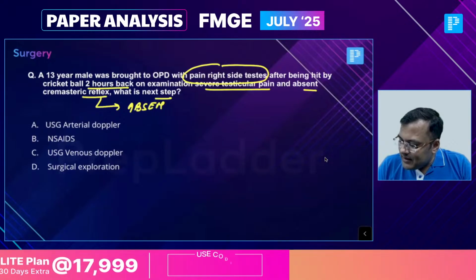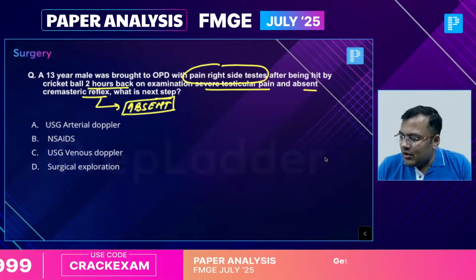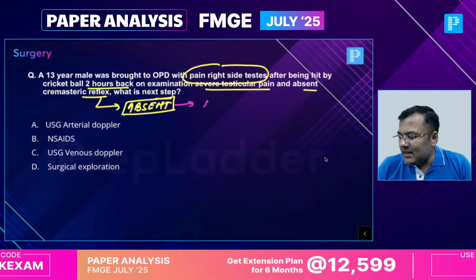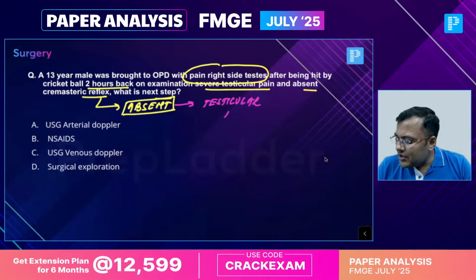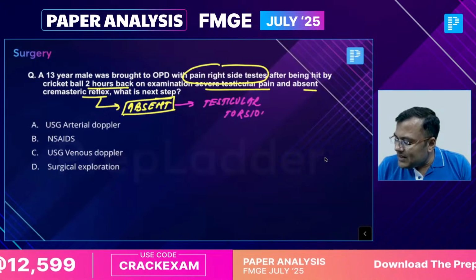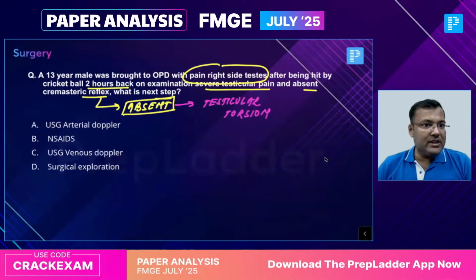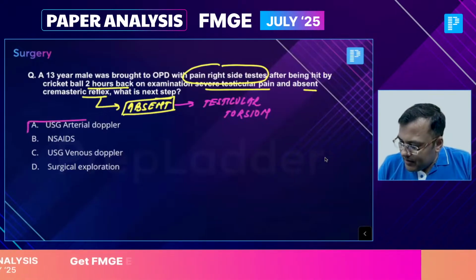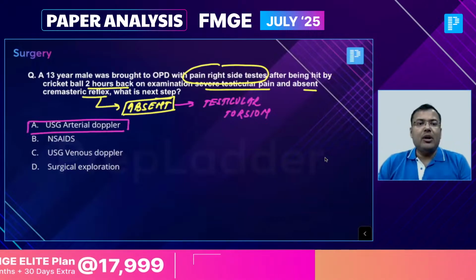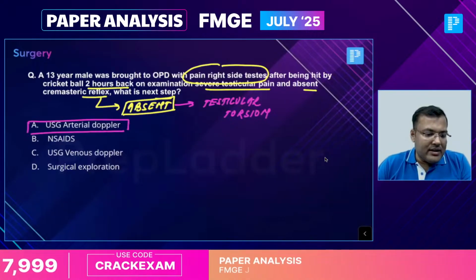So you suspect testicular torsion. And whenever you suspect testicular torsion, what is the investigation of choice? We have to see its blood supply, so we are supposed to see the arterial supply. So obviously it is arterial Doppler. What is the correct answer? It is Doppler, so ultrasound arterial Doppler.